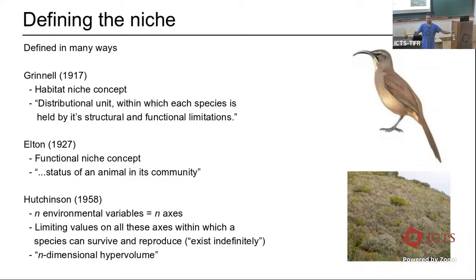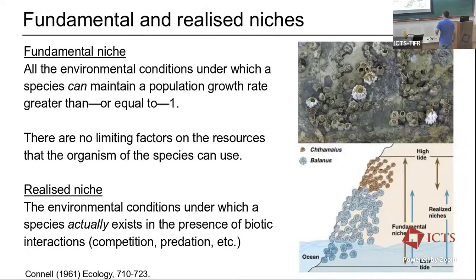It's 0 on this side, 0 on that side. The organism exists between those limits, but it will have small population sizes at the edges of its range and likely larger population sizes in the middle. But we'll see how that works.